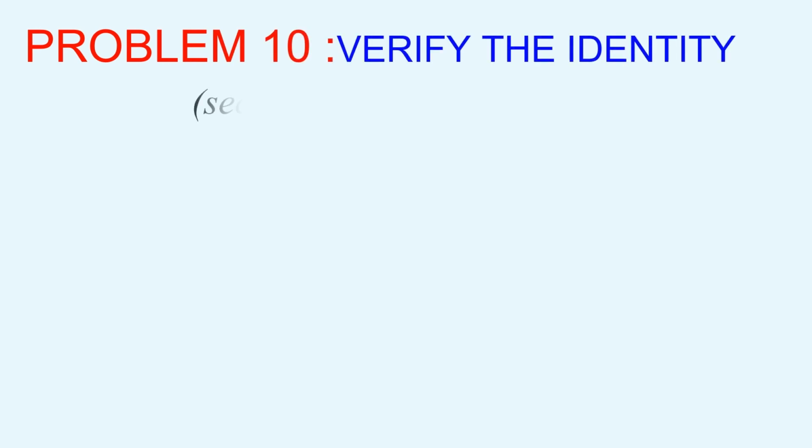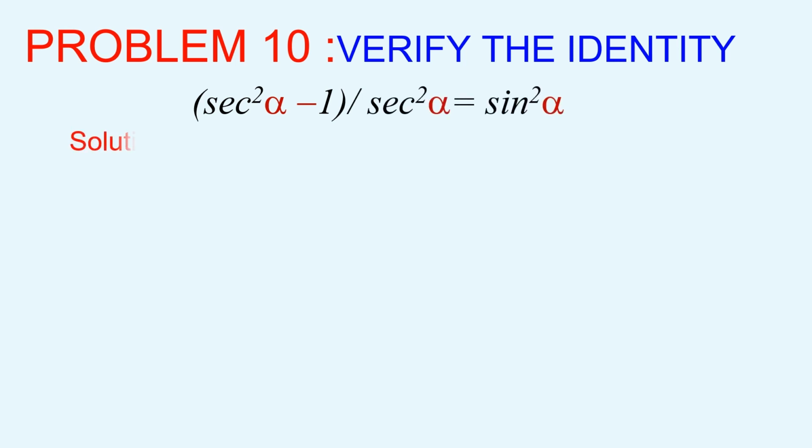Solution to problem 10, verify the identity. Square of secant of alpha minus 1 divided by square of secant of alpha equals square of sine of alpha. Open the bracket on the left hand side.